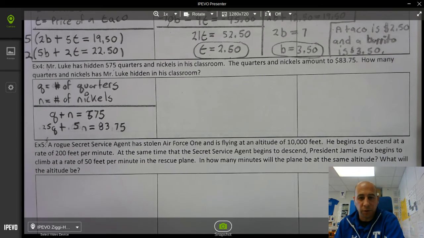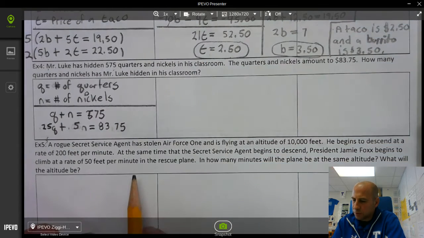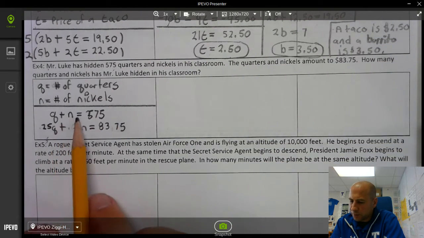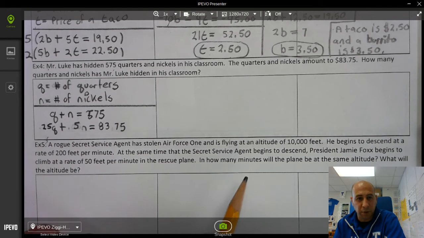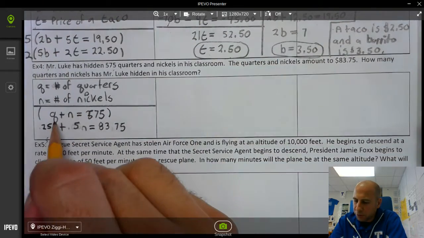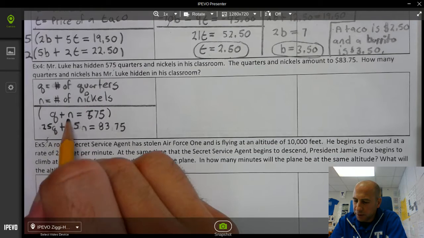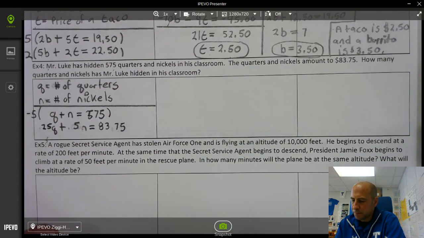That's now no decimal. So now it looks like we have the variables both on the left side, so elimination is probably our best way. So here, I usually multiply the first equation, but 25 is a big number. I think -5 would be better, okay?